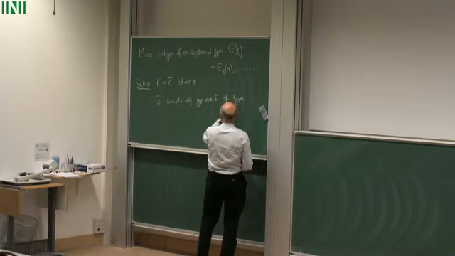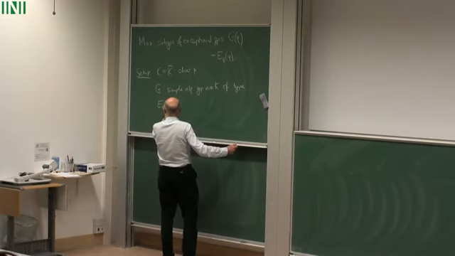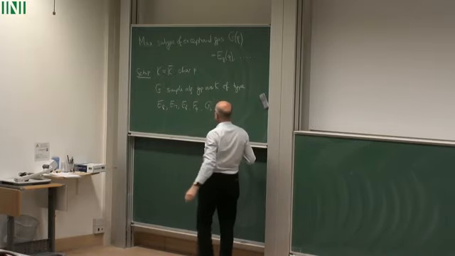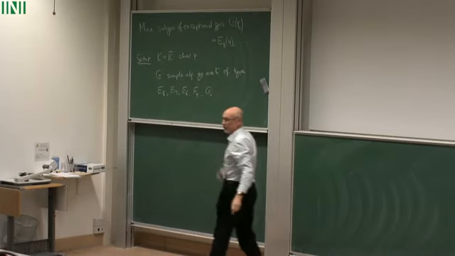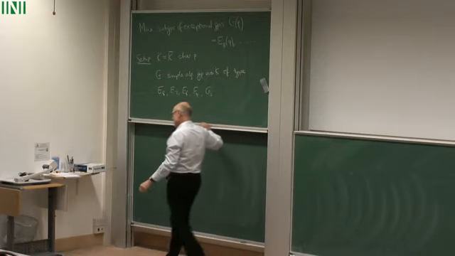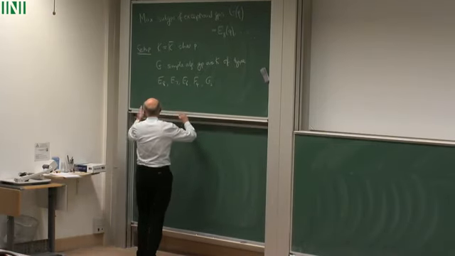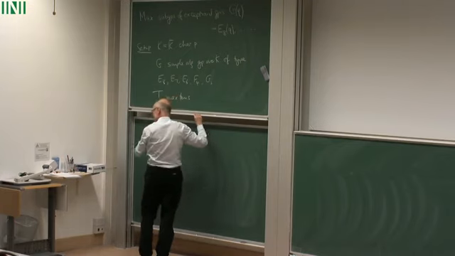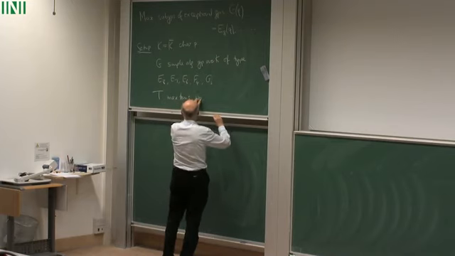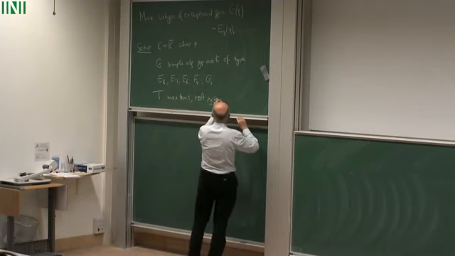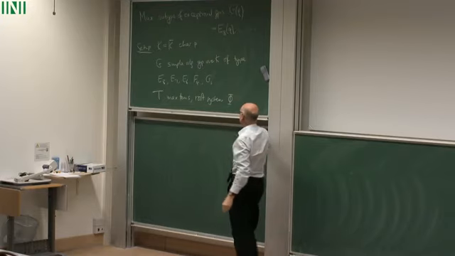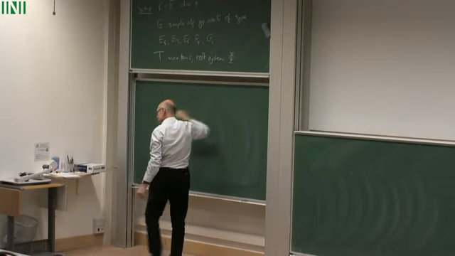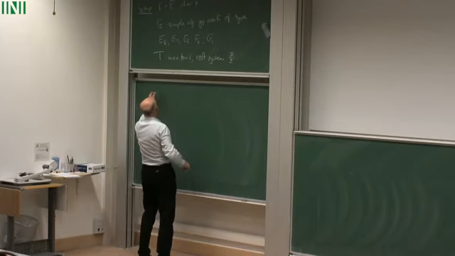So one of the types E8, E7, E6, F4, G2. Right, and then we want the root system and root groups and all the usual stuff. So T will be a maximal torus of G, and the corresponding root system capital Phi, and then we have corresponding root groups, which I'm going to call U_alpha.